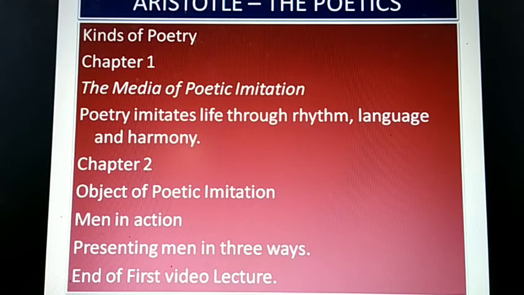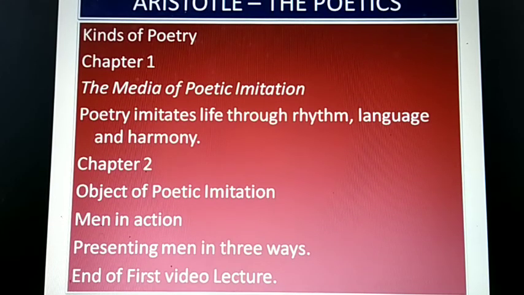The term drama is used because art is imitating men in action. In order to imitate men, art must either present men as better than they are in life, of higher morals, or as true to life, or as worse than they are in real life. So these are the three ways in which men are presented in drama or art.